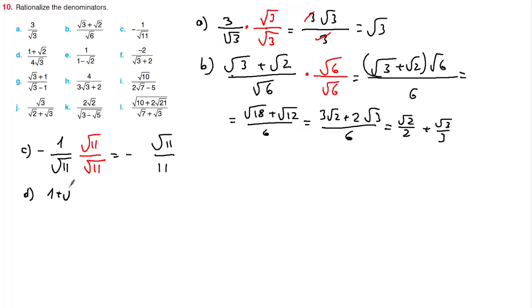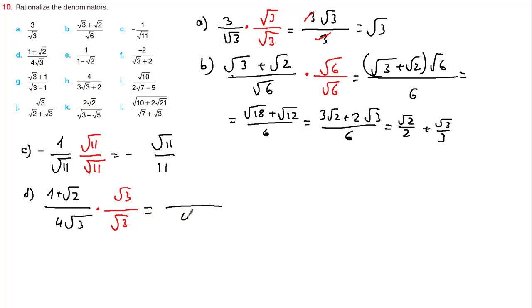we get 1 plus root of 2 over 4 root of 3. Now, it's not necessary to multiply both numerator and denominator by 4 root of 3. Actually, it's enough to multiply just by root of 3, because multiplying by 4 root of 3 won't help at all in getting rid of this radical here.